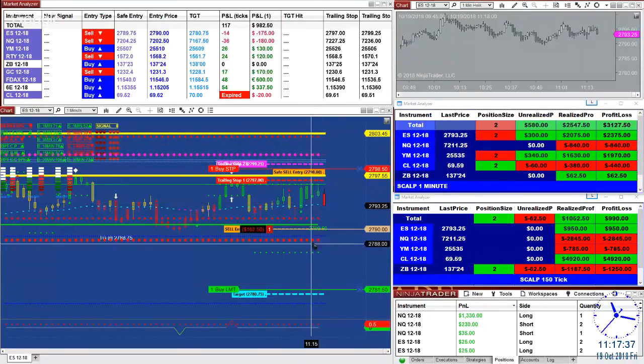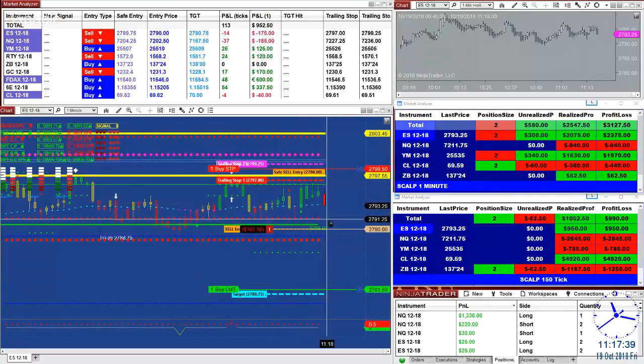We're coming again to the same support area at 91.25. So you can scout the market, swing trade the market. We'll see.